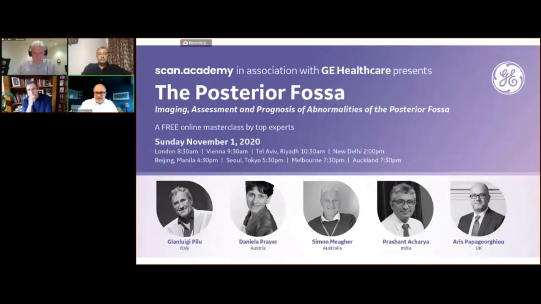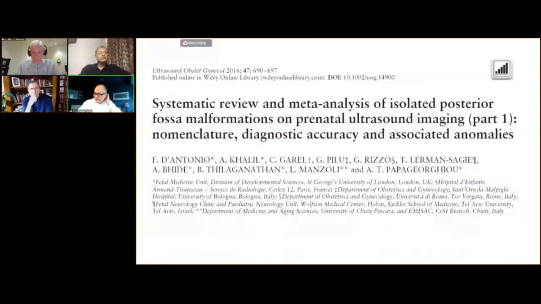If this is an area of interest to you, please have a look. There are 2 papers that we've previously written. They're from 2016, but they're still very much current, which are both systematic reviews. So they review all the literature around isolated posterior fossa malformations. They're available in Ultrasound in Obstetrics and Gynecology, easy to find.